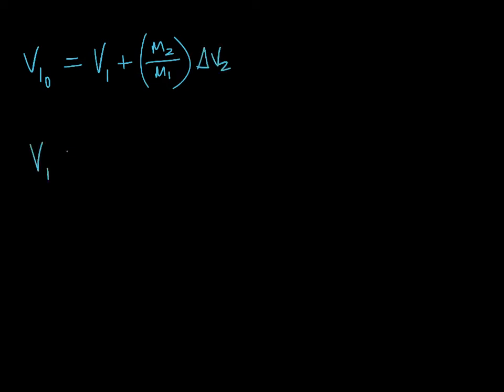I would have the one we just did: V1 initial would be the final plus the mass ratio 2 to 1 and the change in speed, or I could solve that for V1 and have V1 initial minus that very same thing.